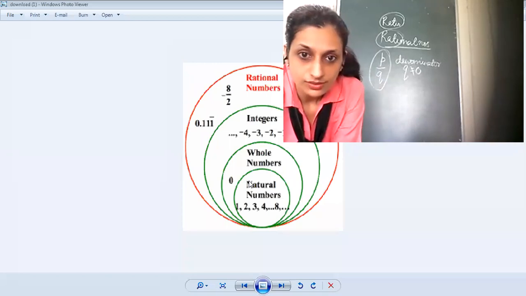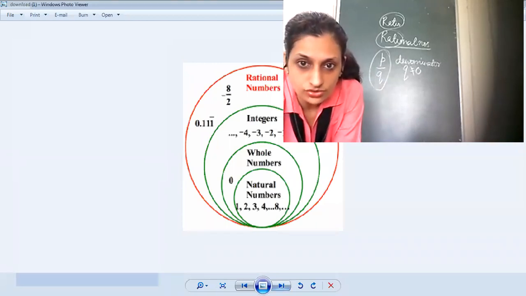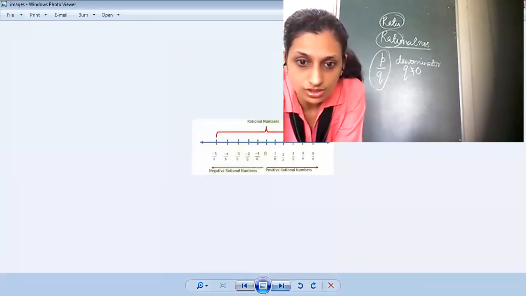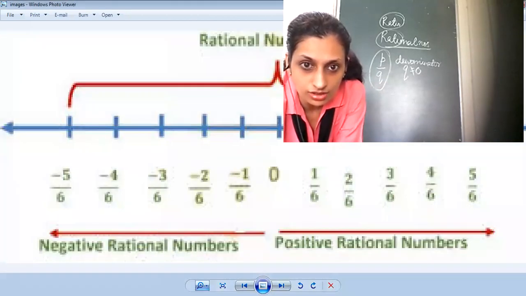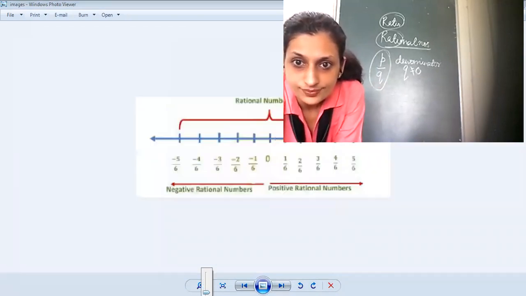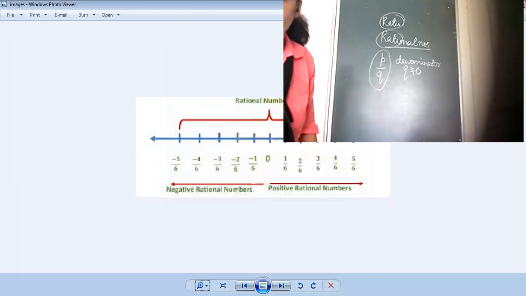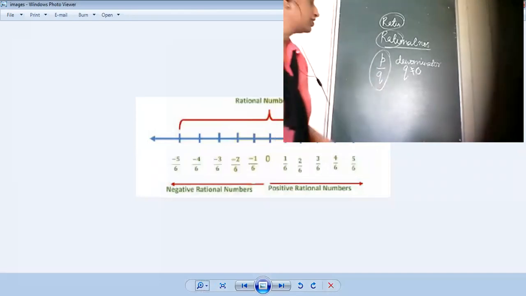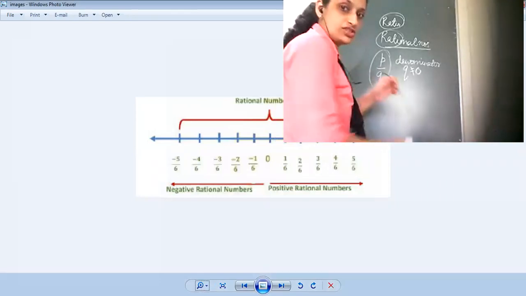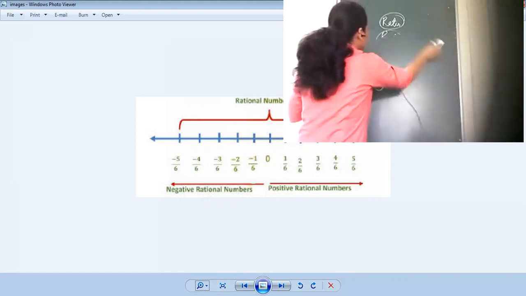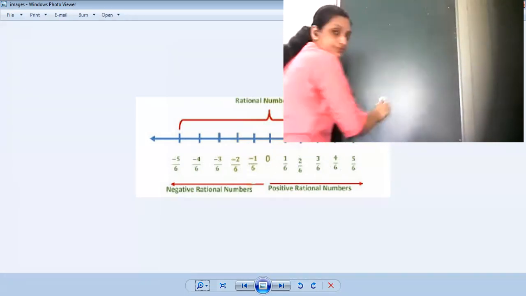Now next we are going to learn about rational numbers on the number line. Our next topic is rational numbers on the number line. You have learned about the integers number line. So this time you are going to learn about the rational number line.